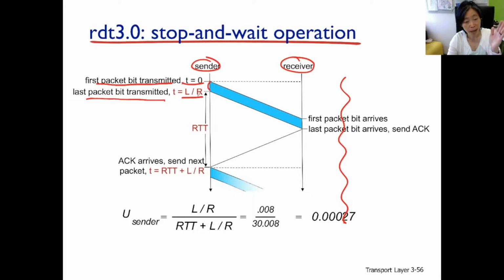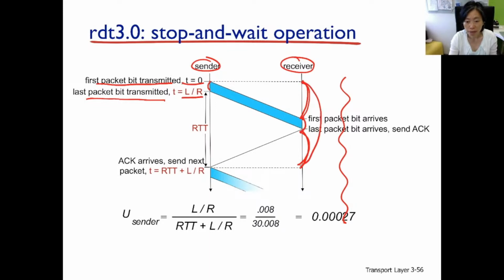That is the packet transmission time, L divided by R. And these bits are going to travel halfway to the receiver and another halfway back to the sender. So the first packet bit arrives right here. This is the propagation delay, and this is also the propagation delay. So 2 propagation delays plus L divided by R.